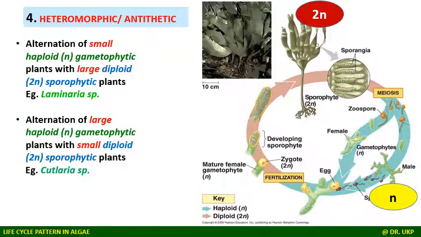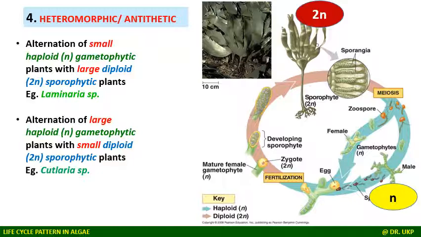So in the first case, the gametophytic plant body and the sporophytic plant body occur in cyclic form, where we find the thallus body is large, that is, the thallus body is sporophyte and diploid.